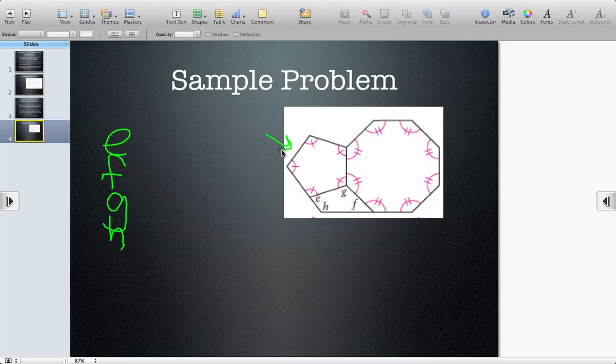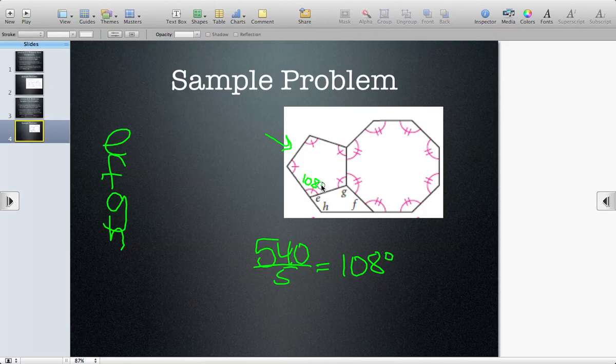So since I know it's a pentagon, I can use the pentagon sum conjecture, which I already know means the sum of the 5 interior angles is going to equal 540 degrees. And then I can divide by 5, and I can determine from that each interior angle is 108 degrees.